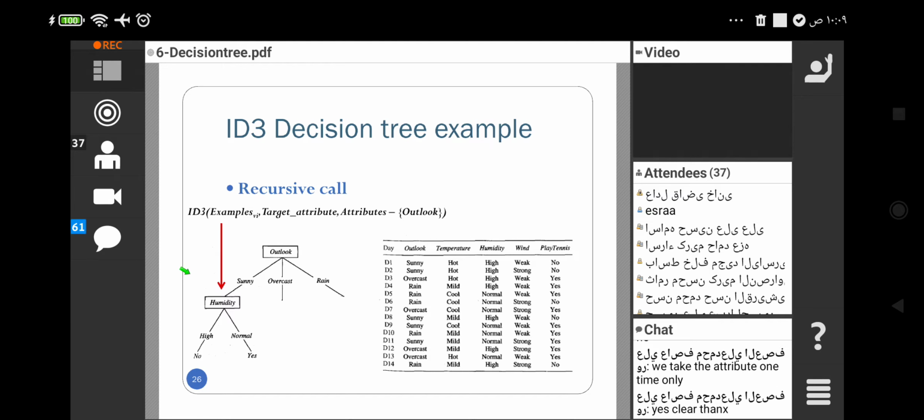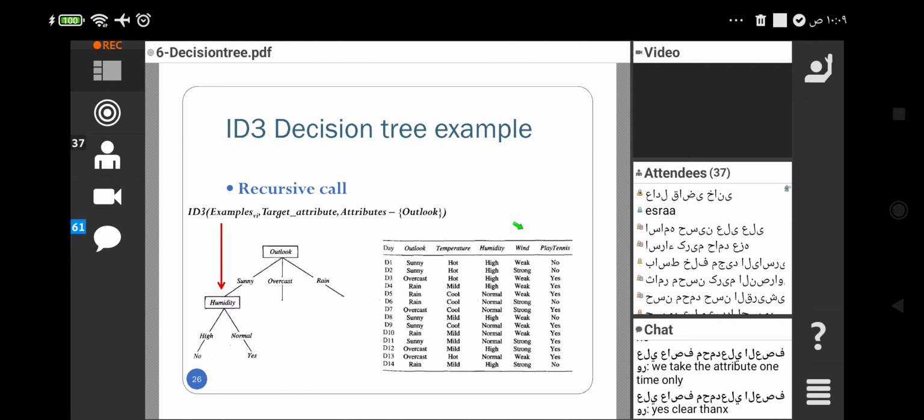So at this point of the tree, we selected humidity because it had the highest information gain in the data where outlook is equal to sunny. These are the two values of humidity, high and normal.